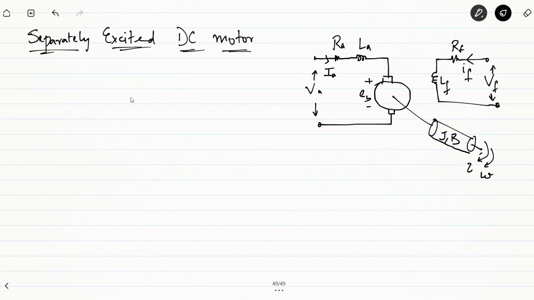In order to derive the state space model of the circuit, let's assume the field circuit parameters to be constant. That means we can apply a constant field voltage such that a constant field current is flowing through the field circuitry.